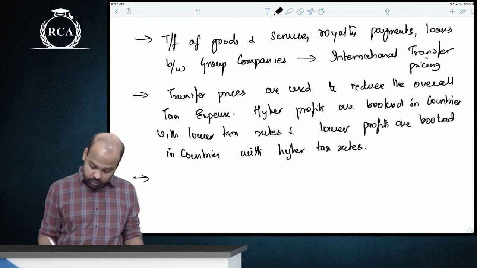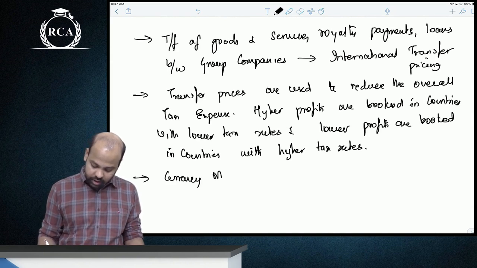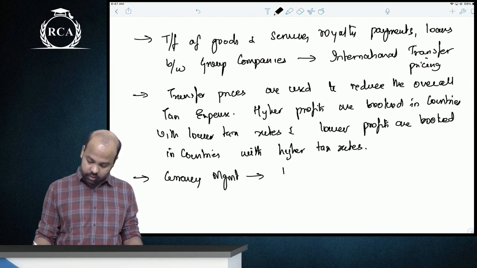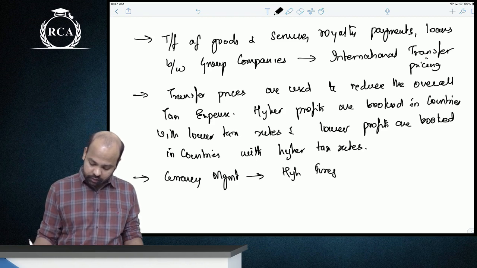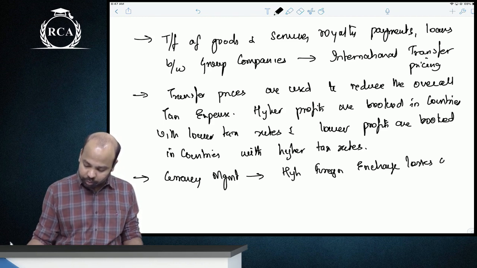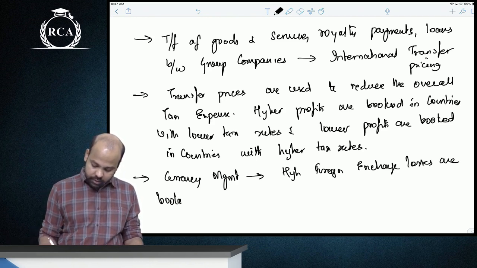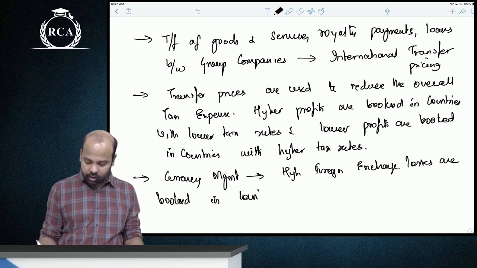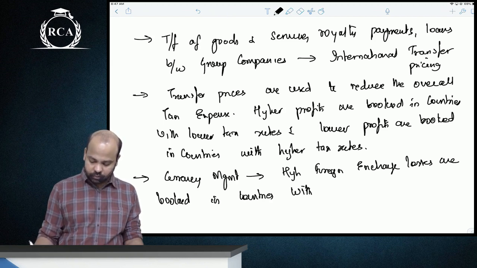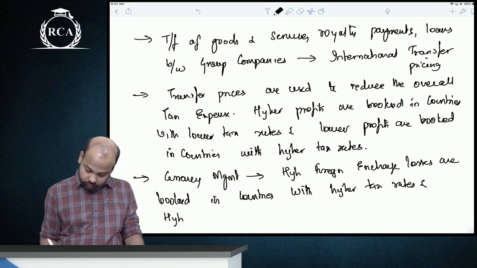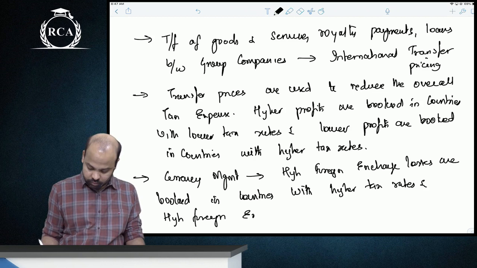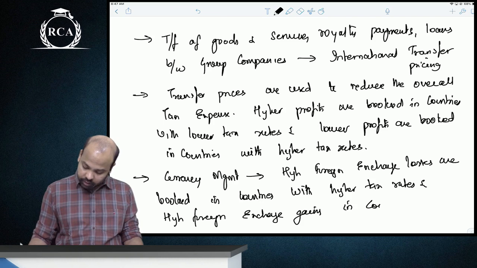Also, in currency management, higher foreign exchange losses are booked in countries with higher tax rates, and high foreign exchange gains in countries with lower tax rates.